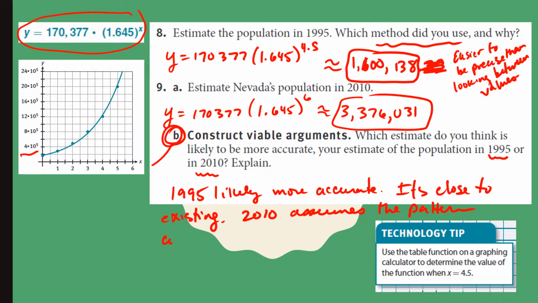It could be that something happens that causes the population to start shrinking. Certain generations have more kids than others, and we don't know that it will continue. So the farther out we go, we don't know that that pattern will continue, so our estimates will probably become less and less accurate.